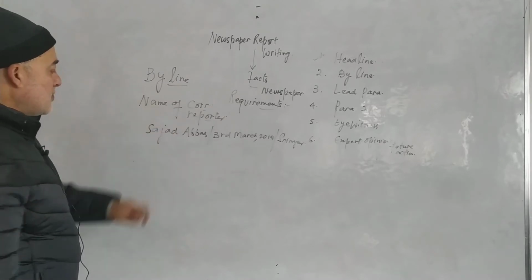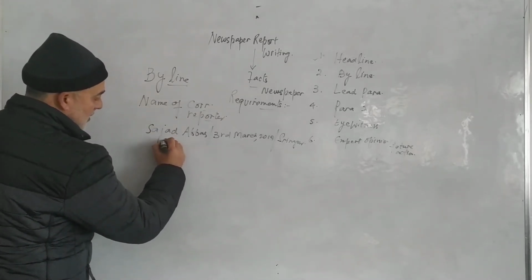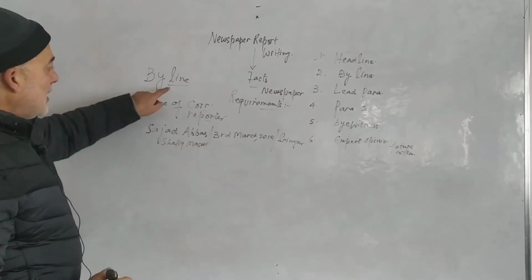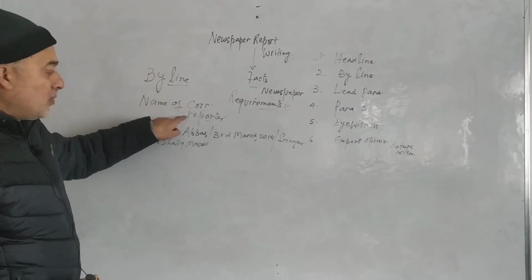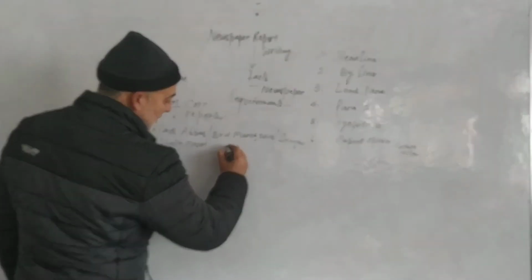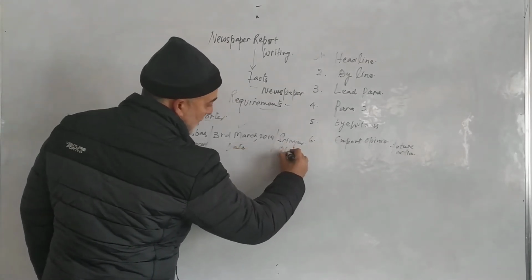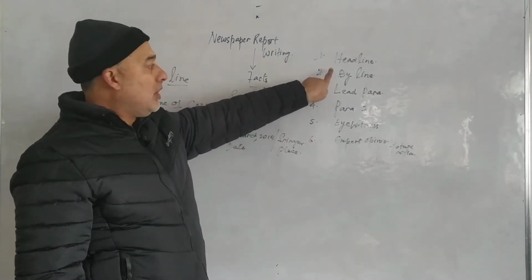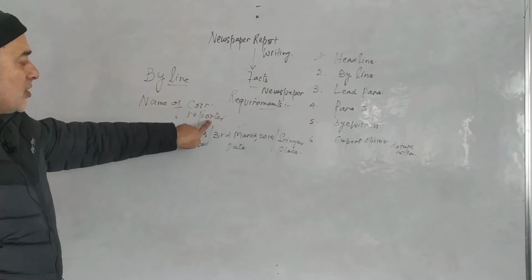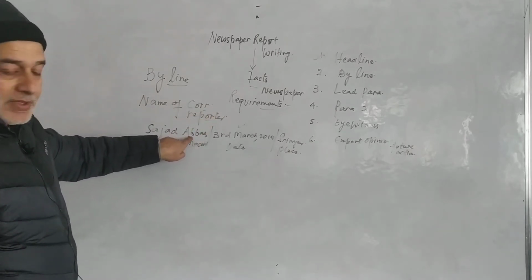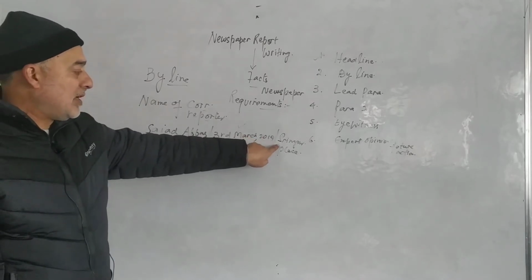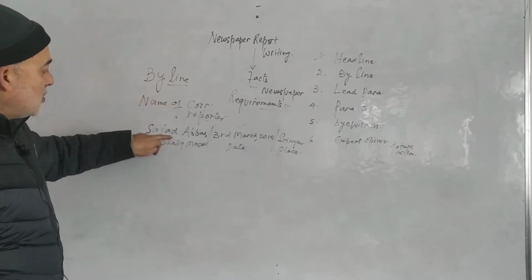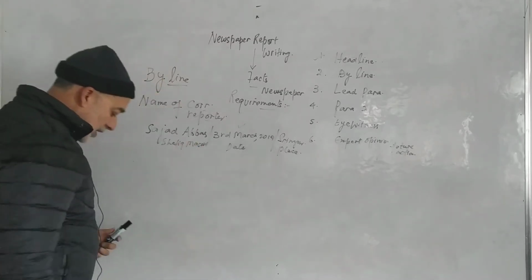Sometimes there are joint correspondents. You can write Sajad Abbas and Shafiq Masood. So byline actually means the name of the correspondent or the reporter. It is followed by the date line and the place from where you are writing. So this is our byline. If there are joint reporters, you can write both the names. This is all about the byline.